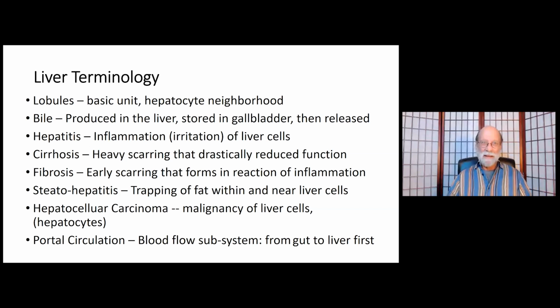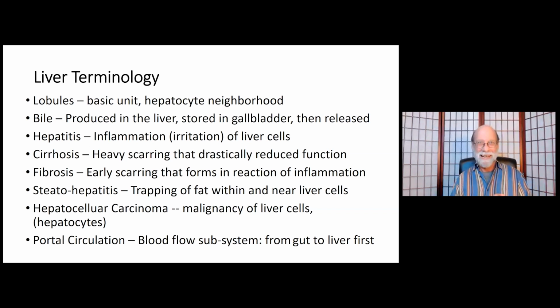And then finally, I'm not going to talk about it, but one of the really clever things in terms of how the liver has evolved is that it has a second blood supply. It has what's called a portal circulation, which means that blood that is coming back to the body from the gut, from our intestines, hits the liver first before it hits the rest of the body.